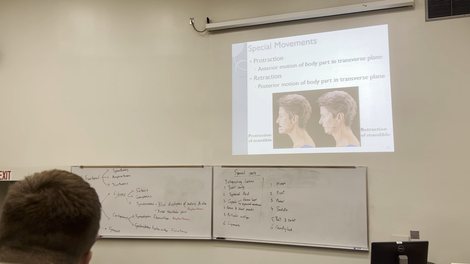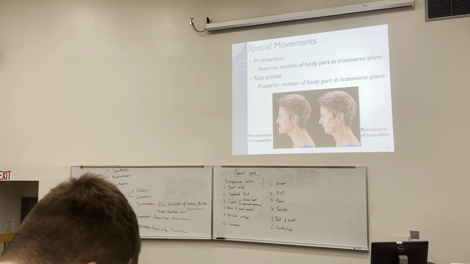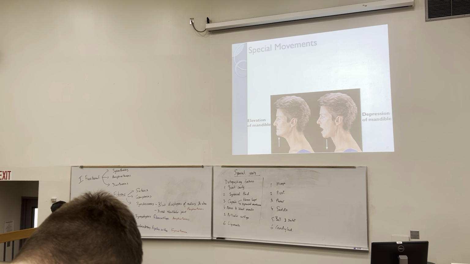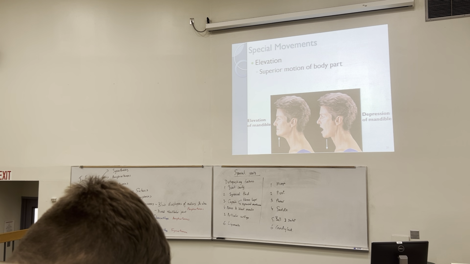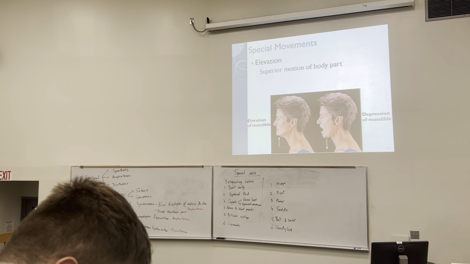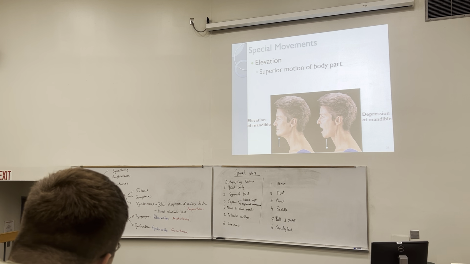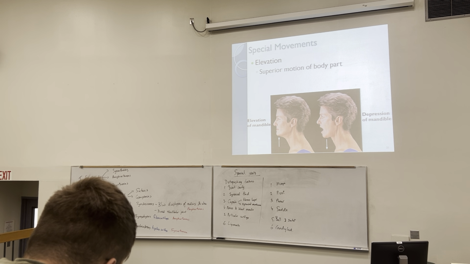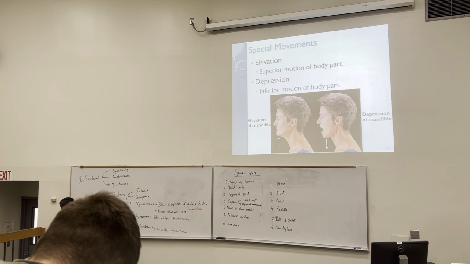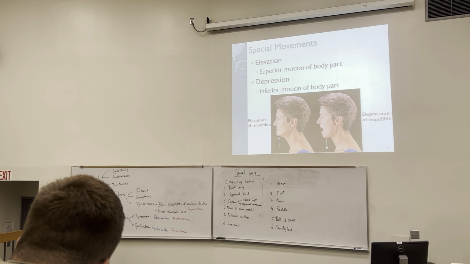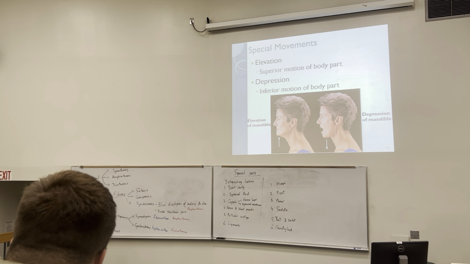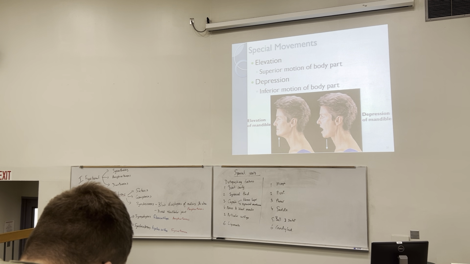And while we're at the mandible, if we can raise it up, all the way down, mandible, shoulders, we do the same. One is called elevation, which way? Up. And then we go down, it's called depression. So if you open your mouth, you're depressing the mandible. Close it, you elevate. And what joint here is going to be the main joint?